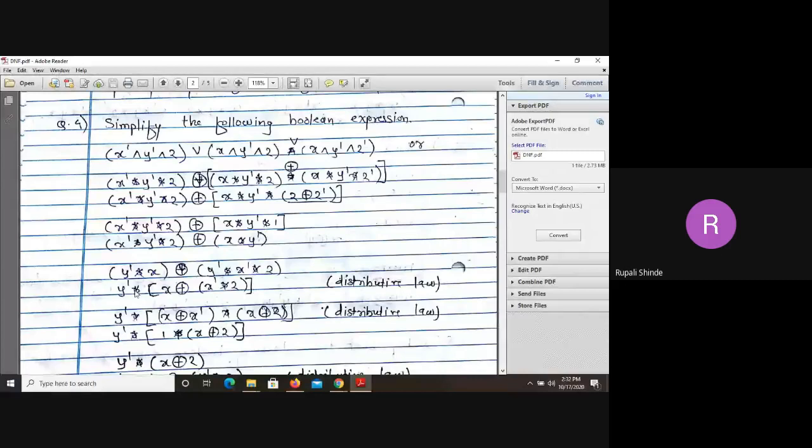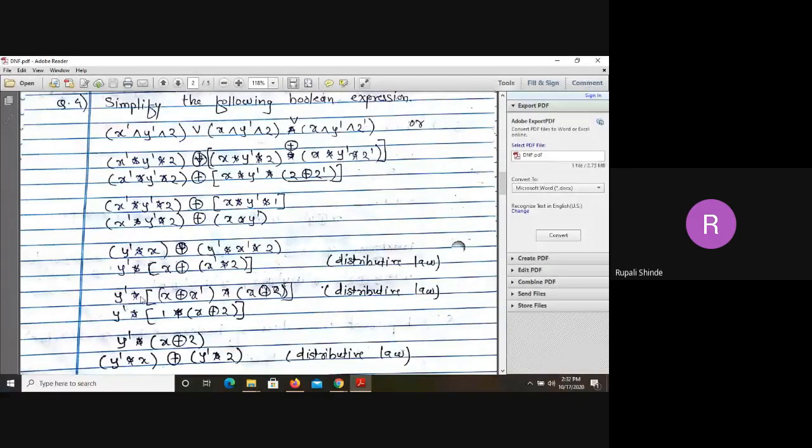Y's complement star. Now what is remaining for this first term? X is remaining. XOR X complement star Z. This is for second term. Now Y's complement star. This is here. Now we have to apply here distributive law as X XOR X complement star X XOR Z.